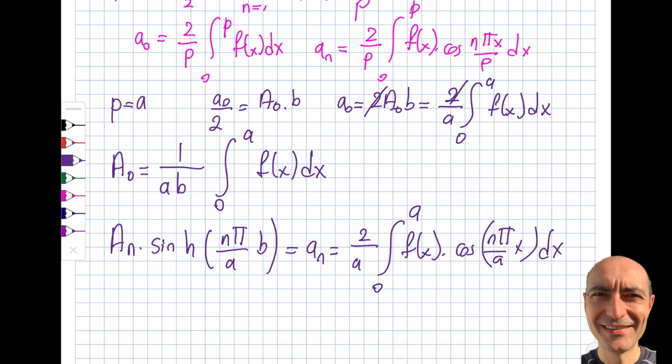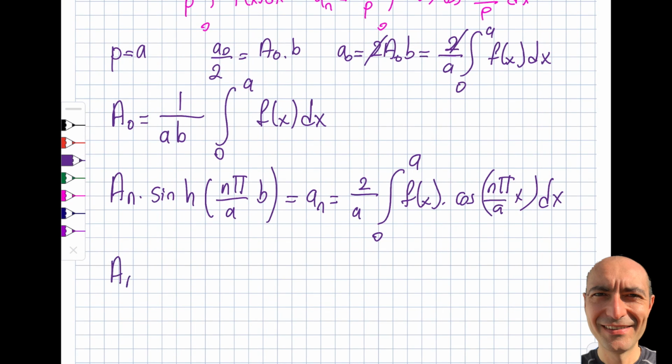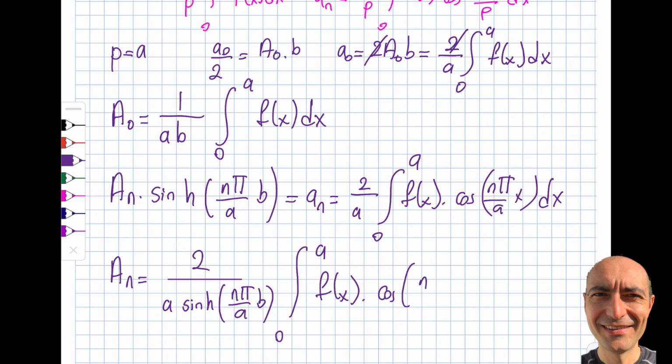Let's not forget the dx, okay? So I simply get 2 by a sinh n pi by a b, integral 0 to a f of x cos n pi by a x dx. Okay, so now I'm done.